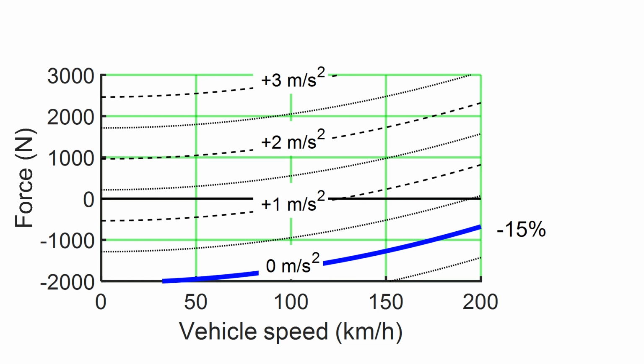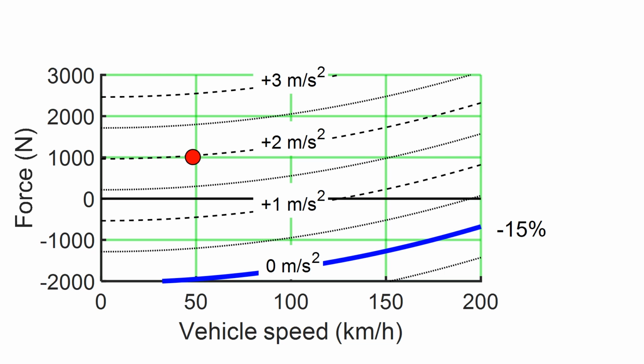Did you see the pattern? Each 5% step in gradient moved the running resistance curve as much as the step between two acceleration curves, which differ 0.5 meters per second square in acceleration. And all the acceleration values move in the same way.